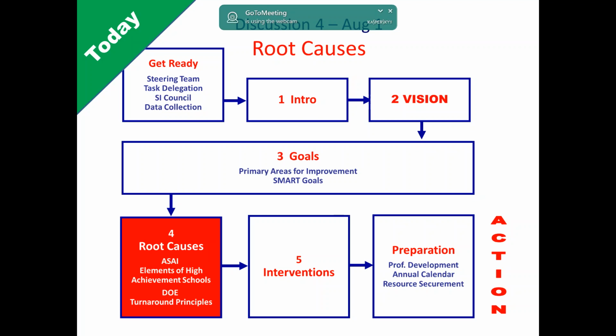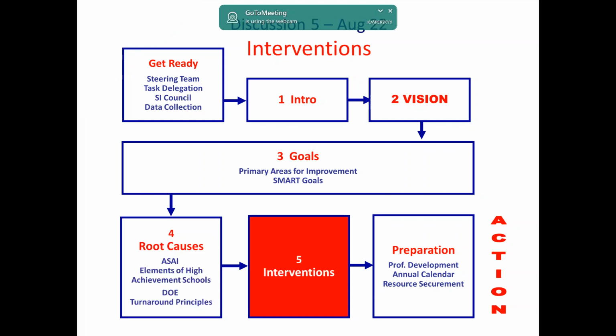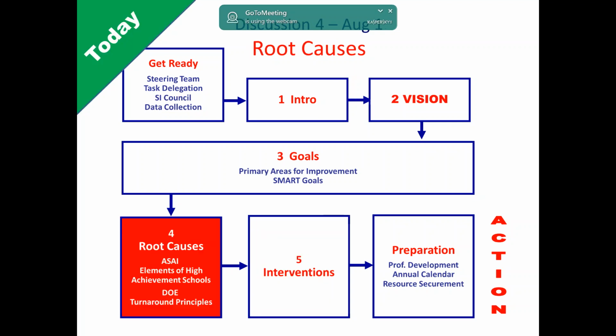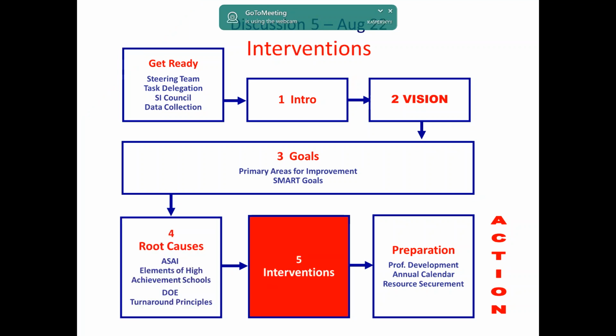And then after we figure that out this time, the next time we meet, we'll talk about your interventions, and that's basically the fixes. How are you going to fix those root causes? So we'll come up with some very concrete and targeted interventions. The step that we're doing this month, the root cause step, is we think the most important step because it focuses those interventions.